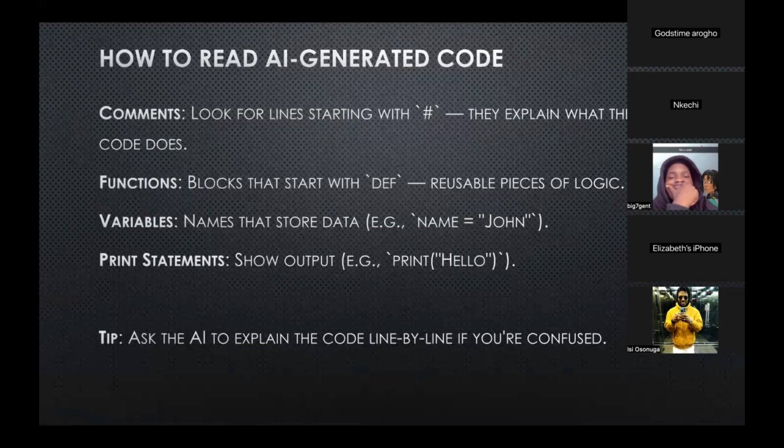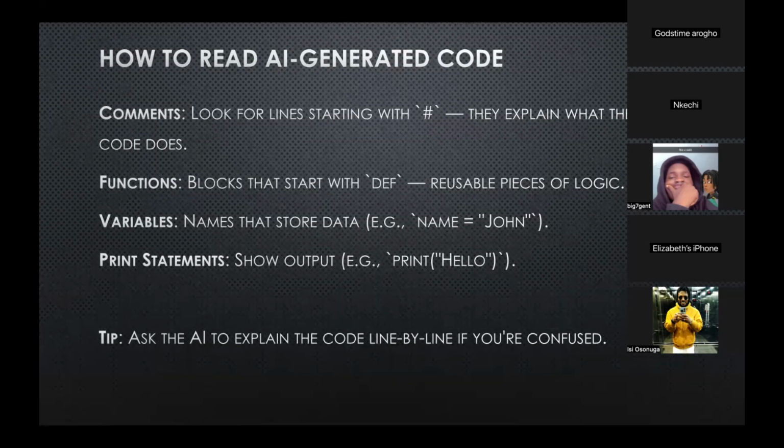Comments. Now, in Python, a comment usually starts with a hash. If you start any line in Python coding on any code editor or coding platform with a hash, you've started a comment, not code.